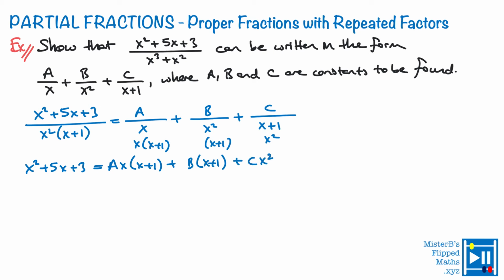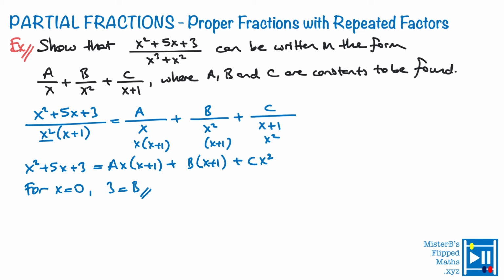So let's start with substituting x equals 0. That's the root of the factor here. The left-hand side will be 3, and you can see that the first and the third terms will cancel out to 0. So we will calculate the second term. It's going to be 0 plus 1, 1. So it's going to be b. Well, b is equal to 3.